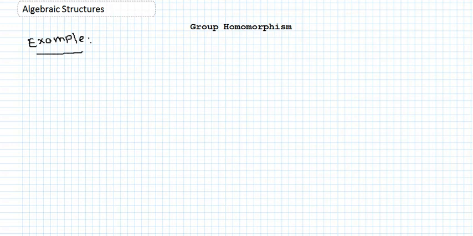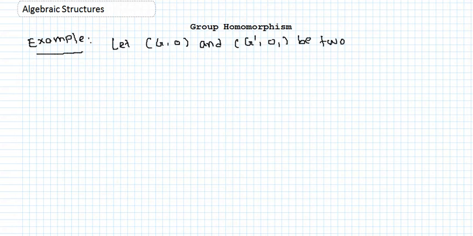So suppose we have two groups. Let G with a composition and G dash with another composition be two groups.